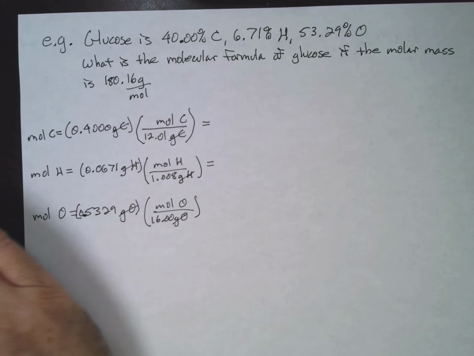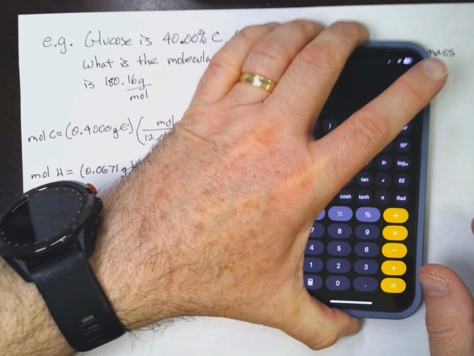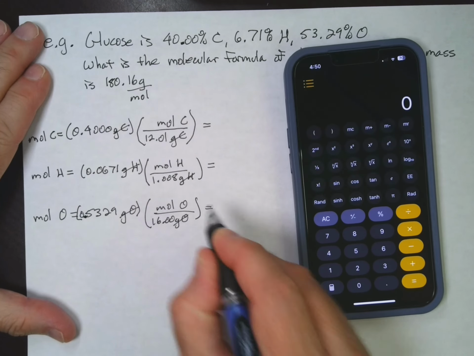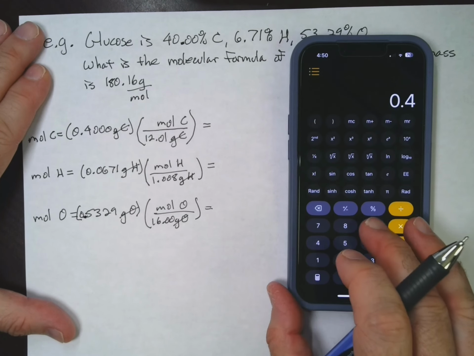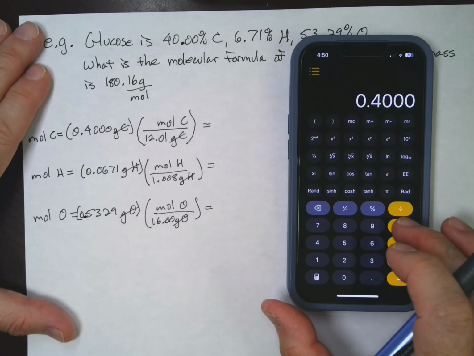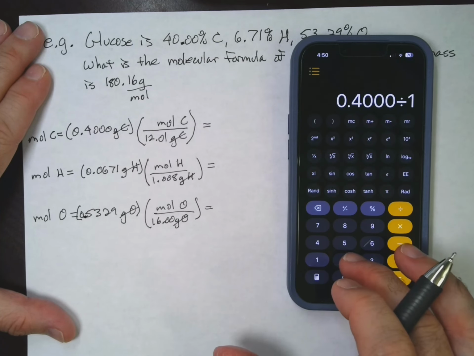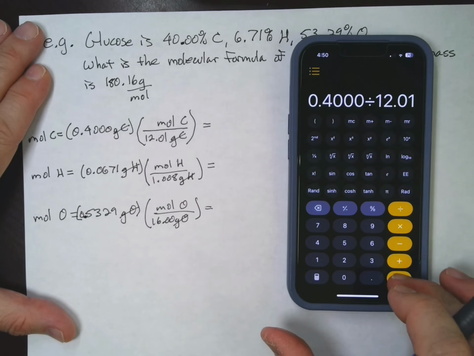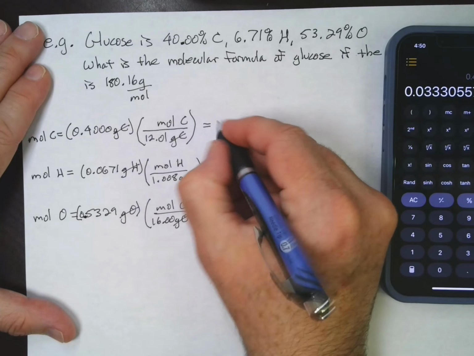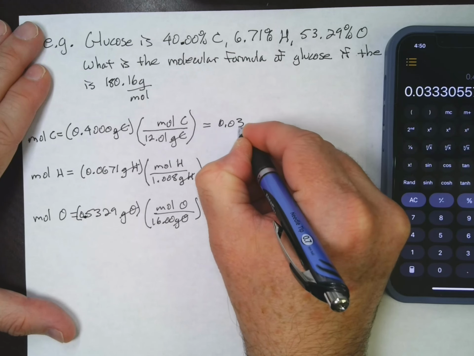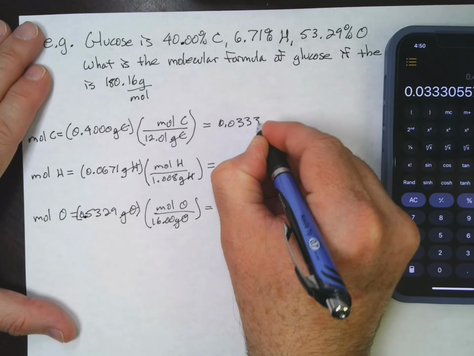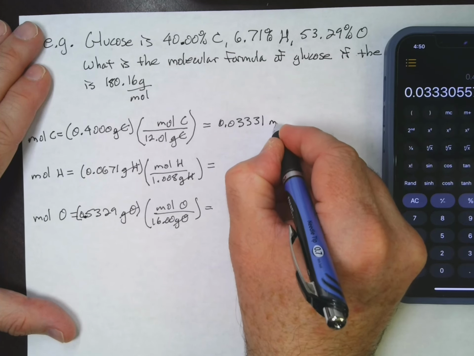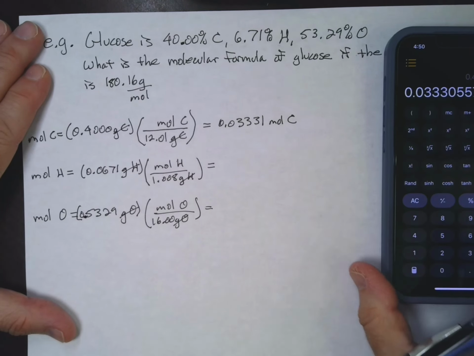So we can go ahead and take a look here. If I have 0.4000 divided by 12.01, I get 0.03331 moles of carbon.